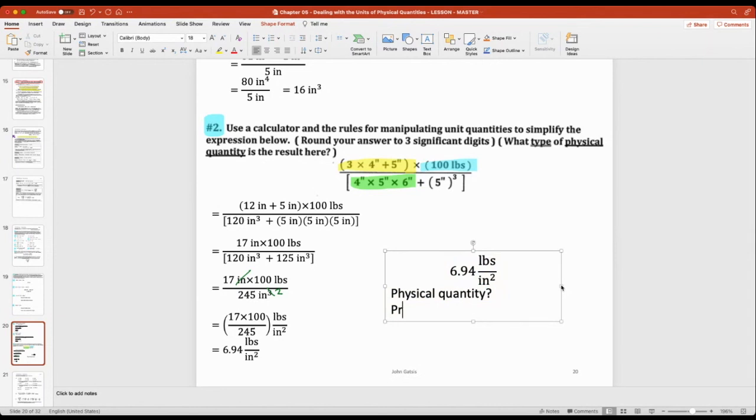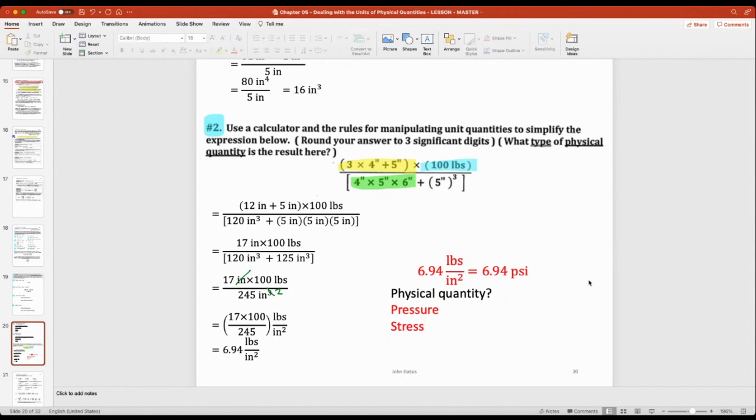It's pressure, because PSI is the same thing as that. So that's 6.94 PSI. The physical quantity here is pressure. It also can represent stress, but pressure is the primary one that most people would be expected to have familiarity with.